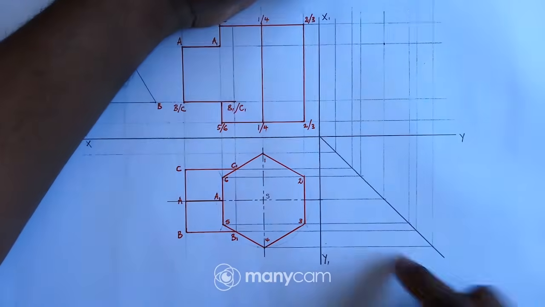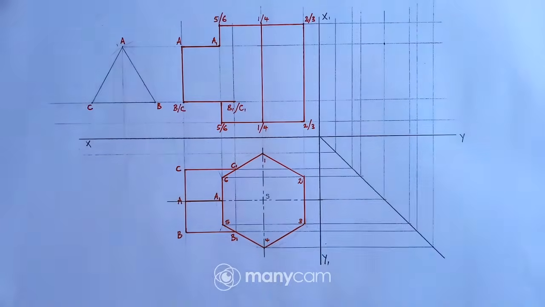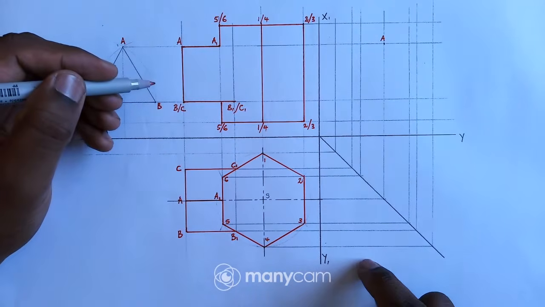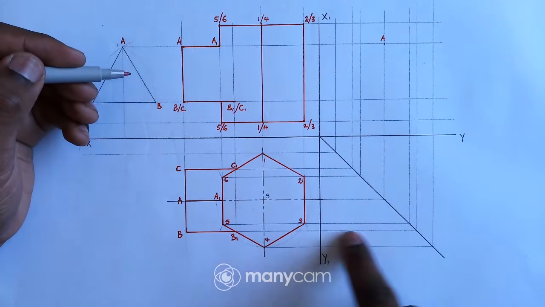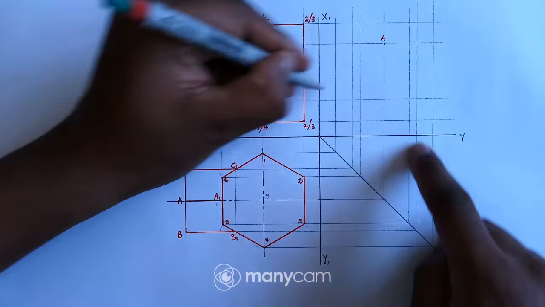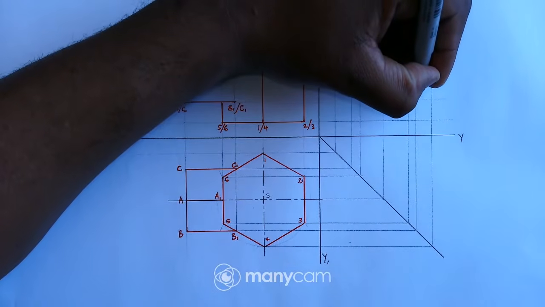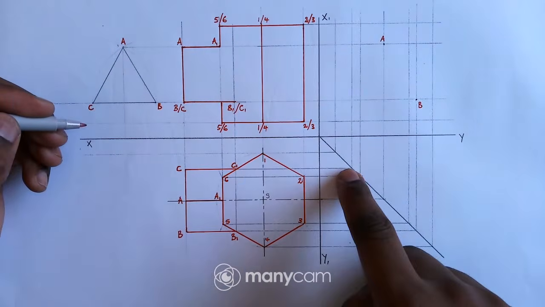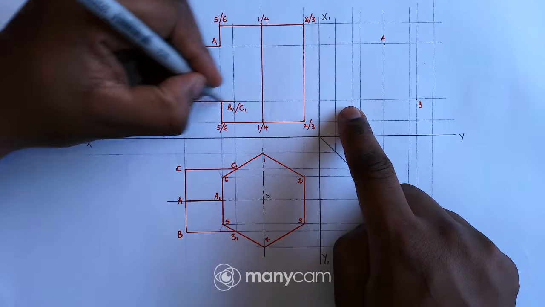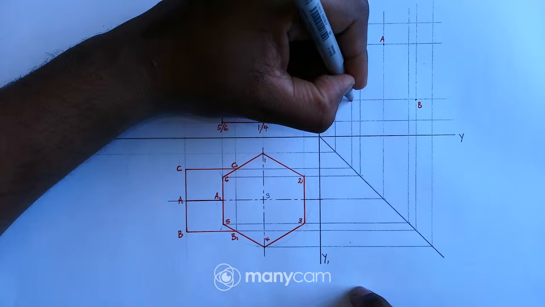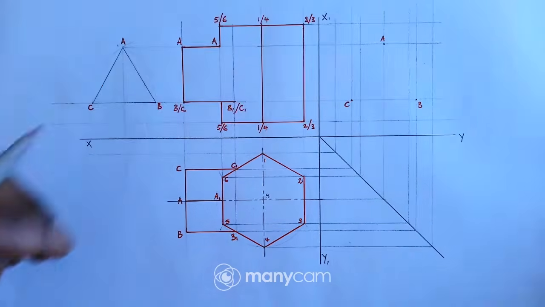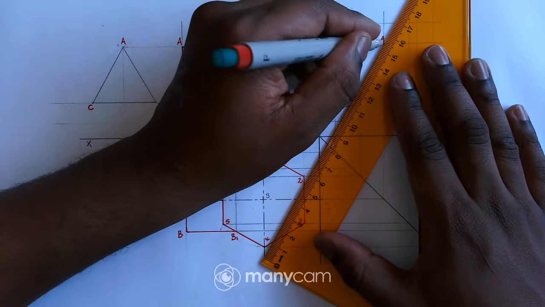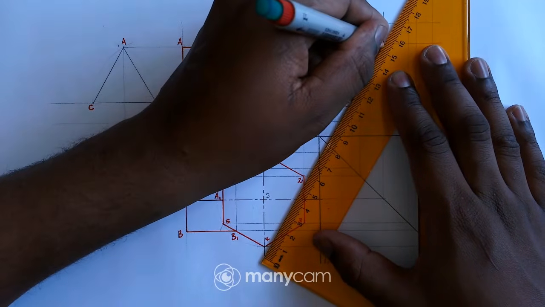So this is our point A. Okay, and B is on this line, connect right there. So this is point B, and C, we connect there. So this is our point C. So I can just connect these points right away, just like that.